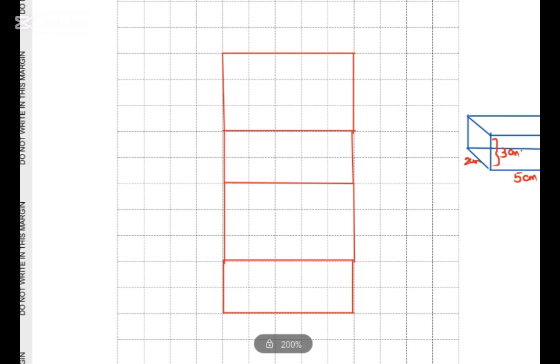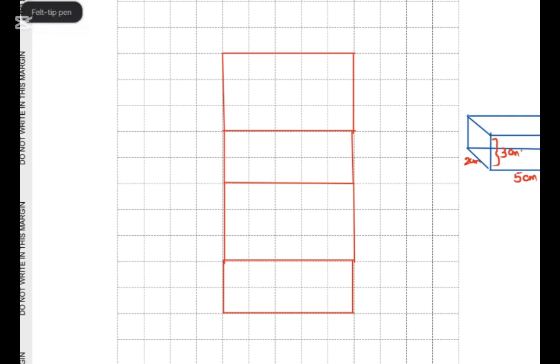Like this, the side faces will be attached to any of the big faces. So if I attach to this face, or maybe the back side face, it is 2 centimeter and 3 centimeter and 2 centimeter.